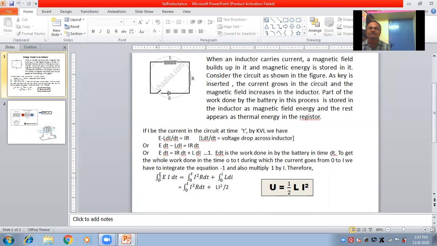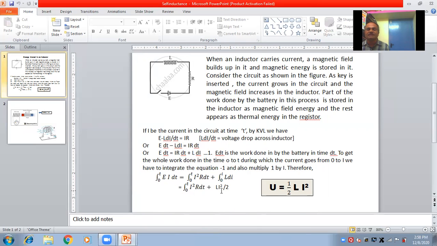This 0 to t ei dt is the total power given by the battery to the circuit, and this total power given to the circuit by the battery is consumed by these two things. This term 1 indicates the energy consumed by the resistor in the form of heat energy, but the second term, L I square by 2, indicates the energy stored in the inductor.